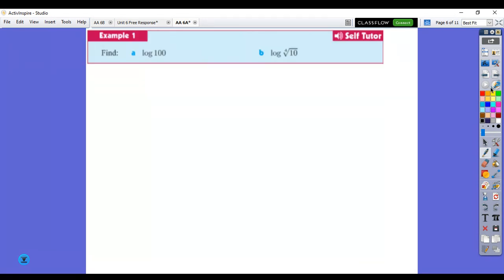Oh, so I guess we just did this, didn't we? Because I know this is base 10 if there's not a number there. I need to replace 100 with a power of 10. 100 is 10 squared, so the base of the log cancels out the base exponentially, and my answer is 2.